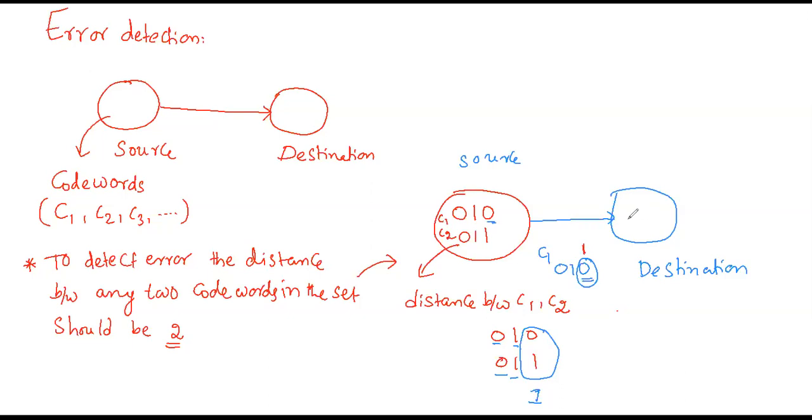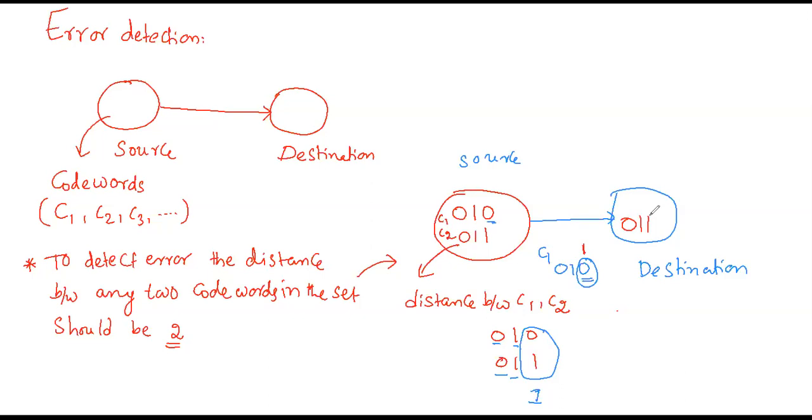So at the destination, what bit information did we receive? 0 1 1.